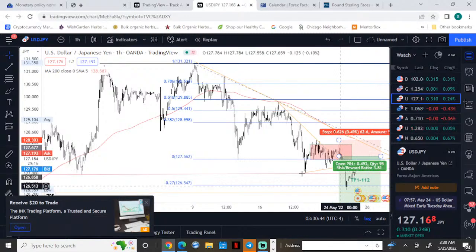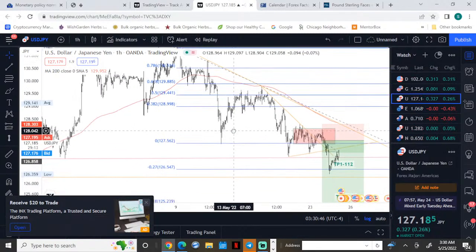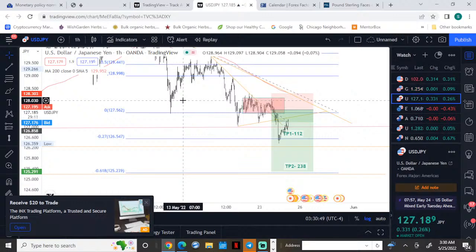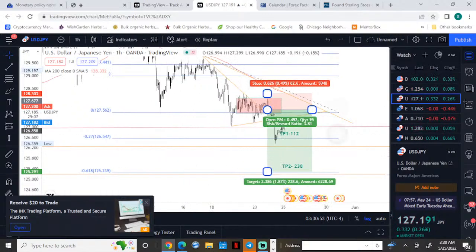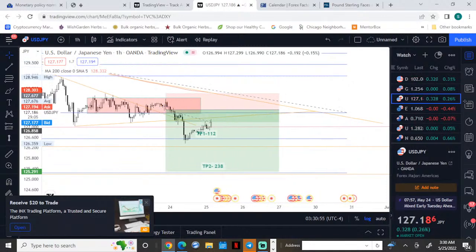Look at this retracement. All right. So yesterday, oh, it looks like it's doing what it's supposed to do. Okay.